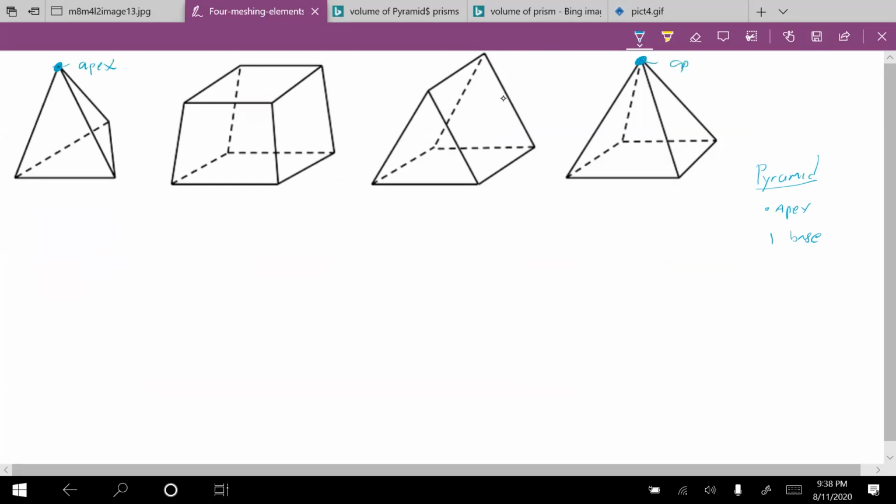The apex is directly opposite the base. So this is the base of the pyramid and that's the base of this pyramid. The height of a pyramid normally makes a right angle with the base. So that's the height, and this is the height.